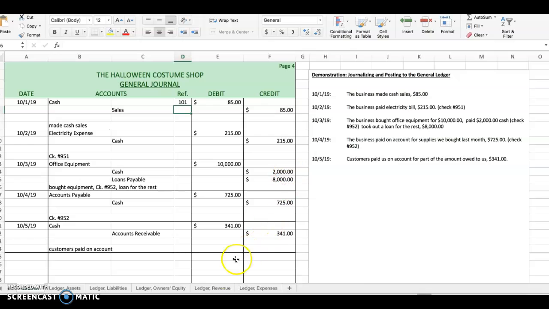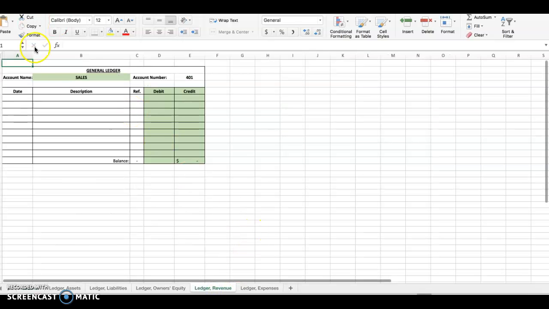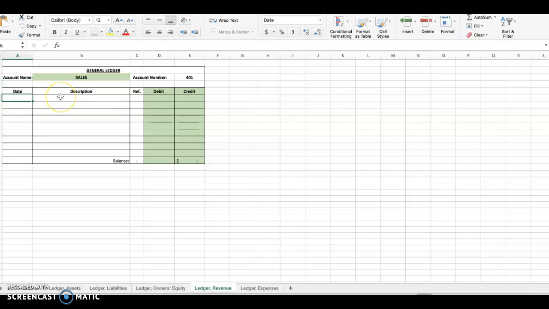Next one is sales. That's a revenue account. Let's find the revenue account, sales, the date, and the amount was credited in the journal by $85, and you see the balance now has gone up. Obviously, that's now the new balance of the sales account.